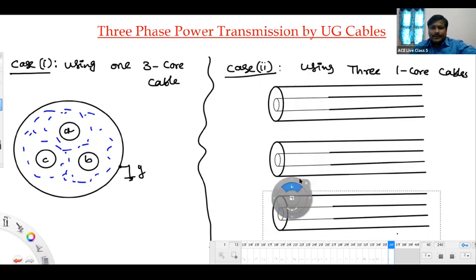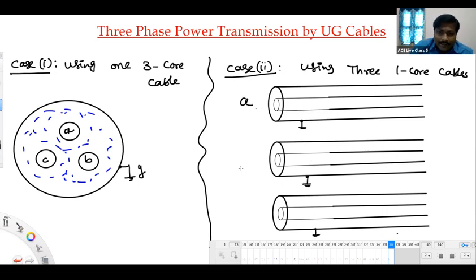Each sheath is connected to ground, and these are A, B, C conductors or cables.